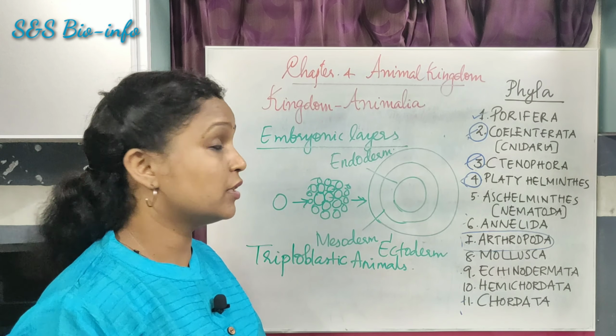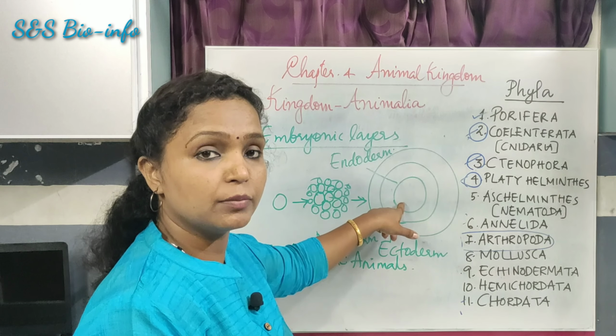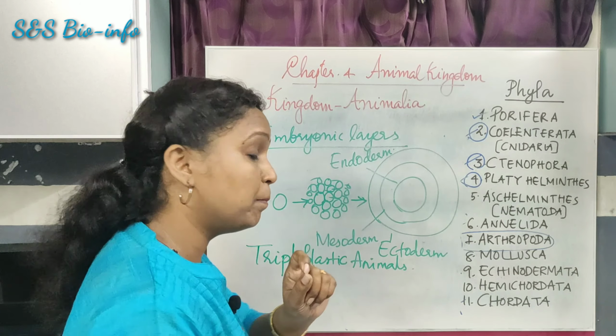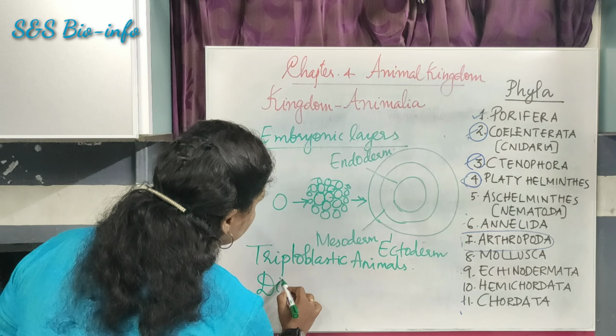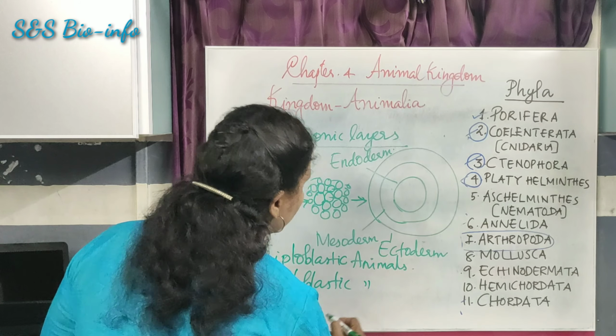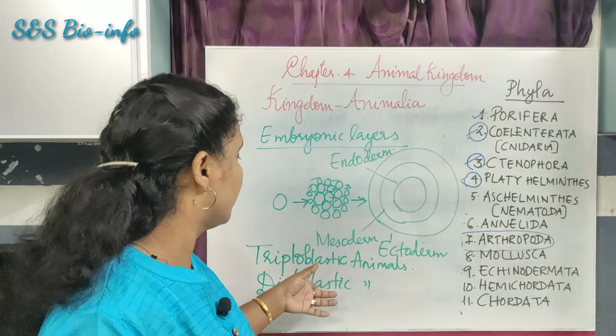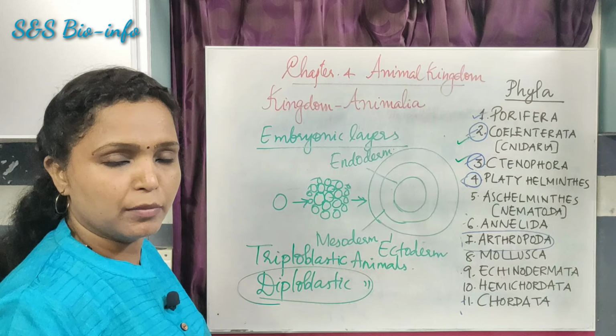Some animals possess only the outer ectoderm and the inner endoderm. Such animals are diploblastic animals. Such condition is called diploblastic condition. Did you get the difference between triplo and diplo? The phyla like Coelenterata and Ctenophora are diploblastic animals.